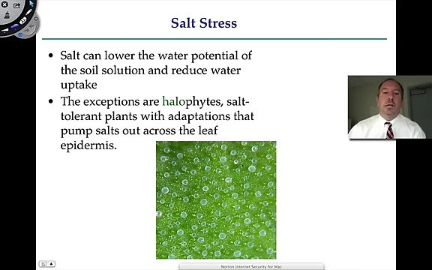What they do, you're looking at a close-up here, is basically like us. When we sweat, we release a little bit of our electrolytes, a little bit of salt onto the outside of our skin. So these plants do this as well. They release salt. This is salty water on the outside of the leaf. And then when it dries up, it's like a white powder. You can flake it off.